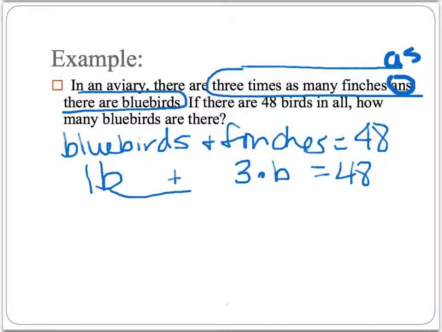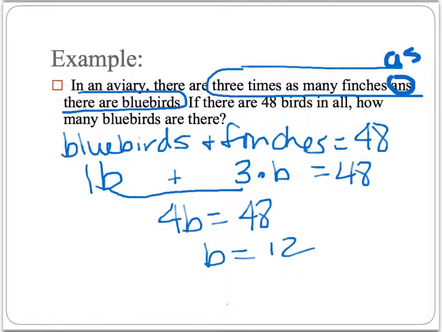If I add them together, I get 4B equals 48. Well, 4 times what equals 48? That means B equals 12. So I have 12 bluebirds. If I have 12 bluebirds, that means I've got 36 finches. All right, does that make sense? Yes, it does.